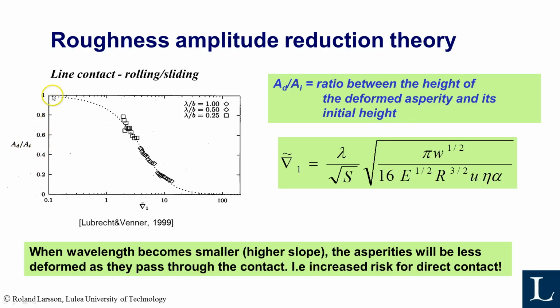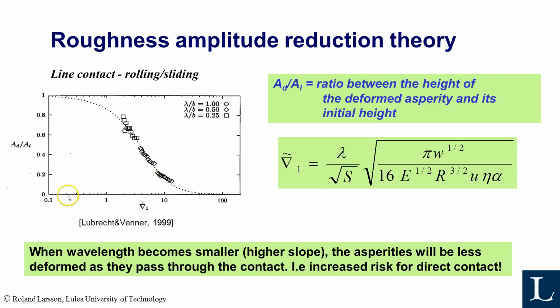If this ratio is 1, that means the asperity isn't deformed at all, while if it's 0, it means it's completely squashed out. So we really want to be down here, but as normally in engineering, we are probably up here instead.